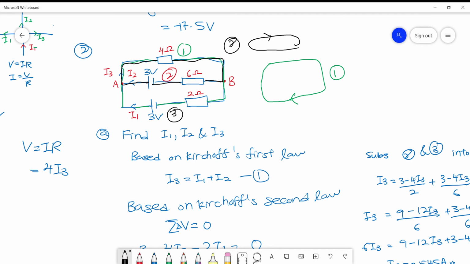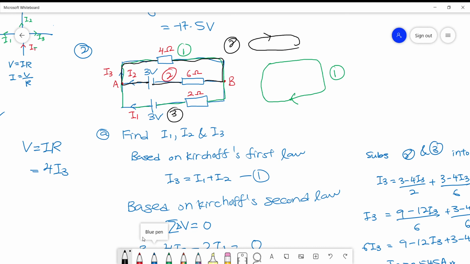The first choice is to move in the clockwise direction, the second choice is to move from here to here but in the opposite direction to the second current, and for the third choice, we have the opposite direction to the direction of the first current.